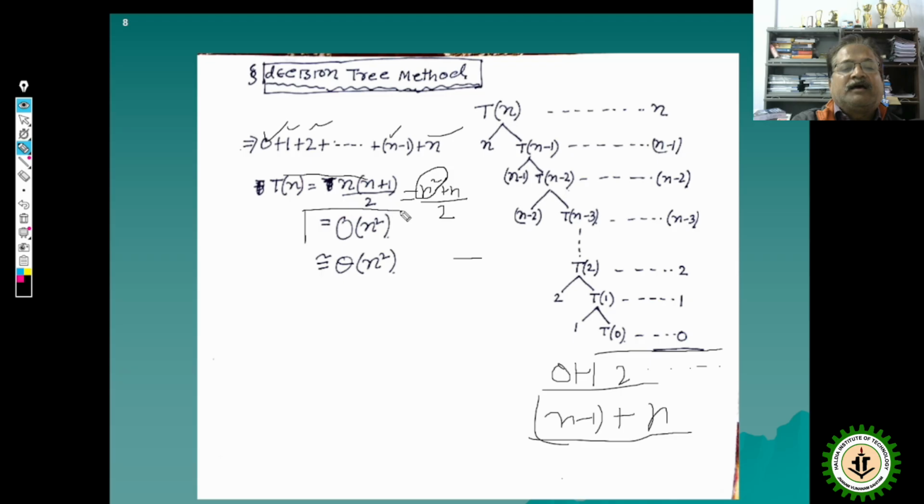So in the worst case, the time complexity will be big O of n square, or this is equivalent to the universal time complexity theta of n square. That means in the worst case, this algorithm completes its job in order of n square time complexity. So this is a complete mathematical derivation by the decision tree.